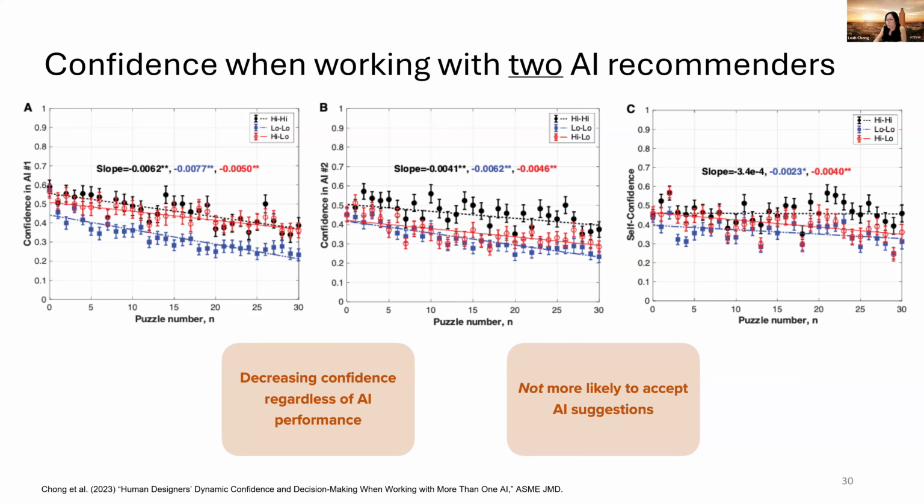What was also interesting was that we thought that if 2 AI suggestions agreed with each other, they would be more likely to accept that suggestion, but that was not the case. So there might not be any benefit of adding a second AI recommender, especially if all the confidence levels are going down and it is not making them accept the AI suggestion further.